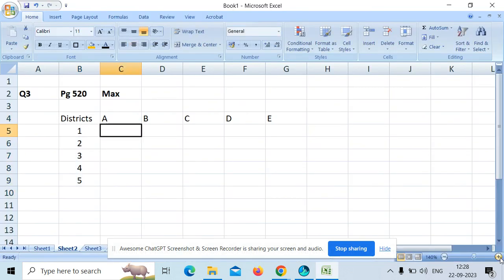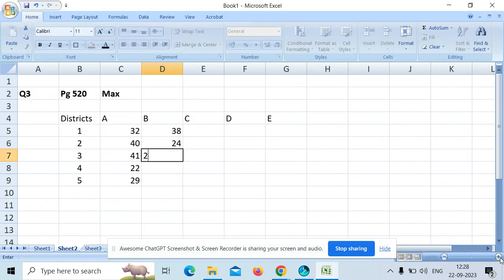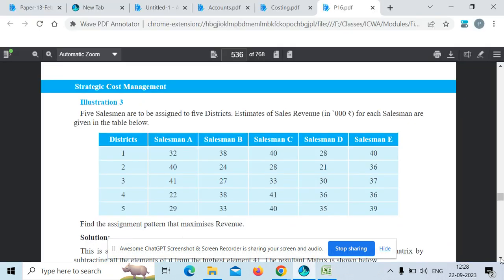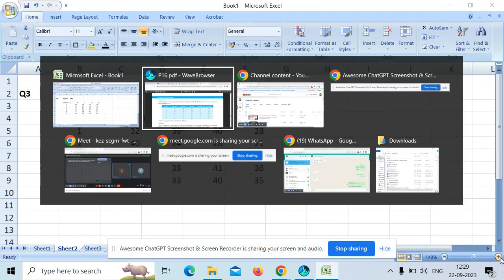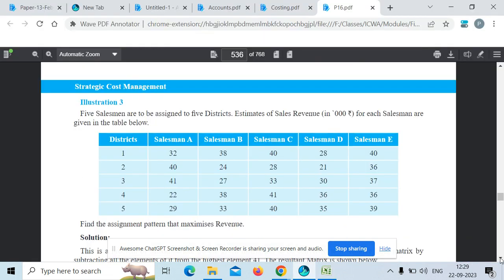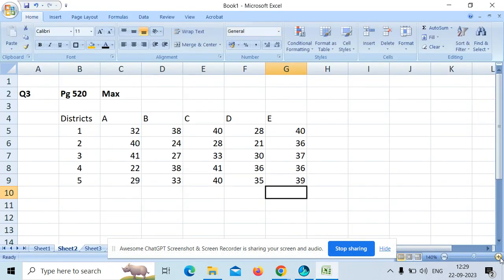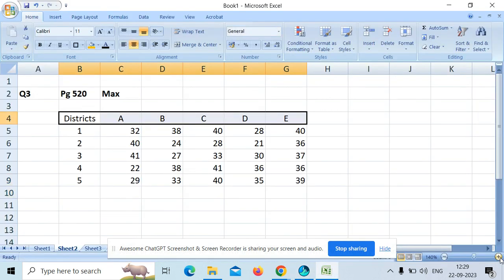So let us note down the question: 32, 40, 38, 24, 27, 38, 33, 40, 28, 33, 41, 40, 28, 21, 30, 36, 35, 40, 36, 37, 36, 39.